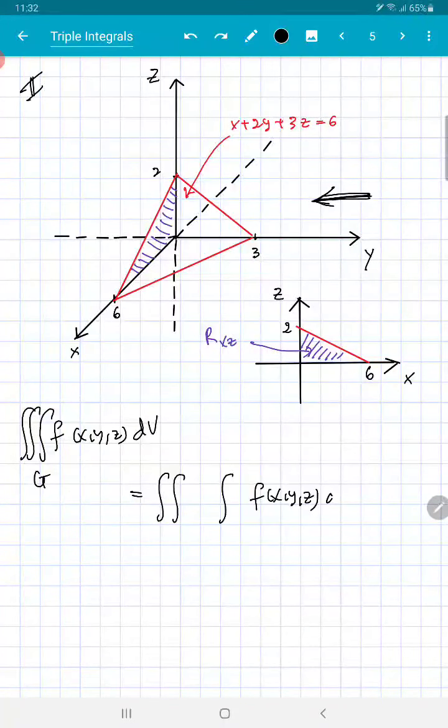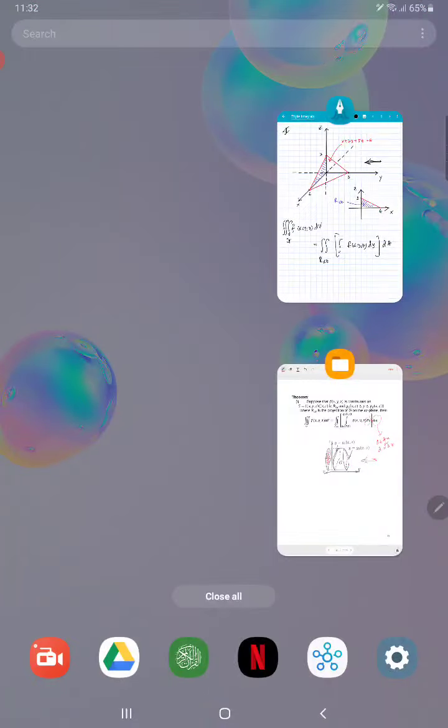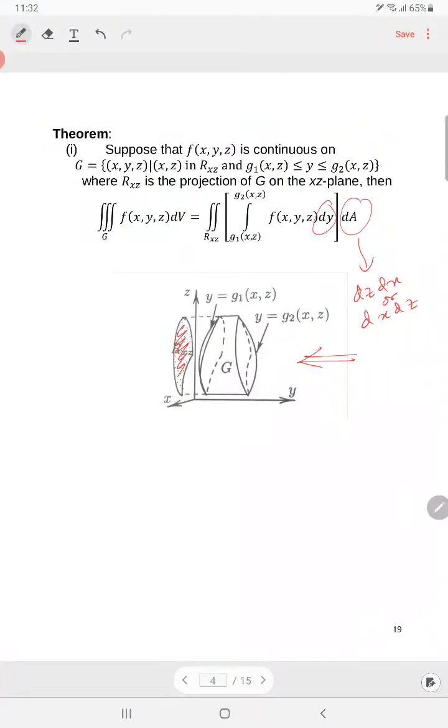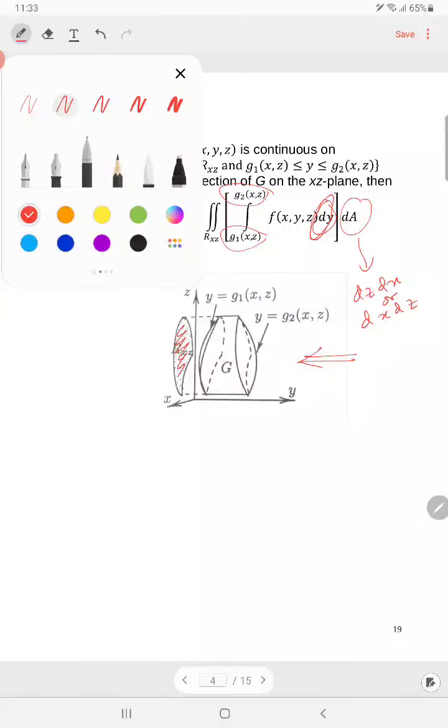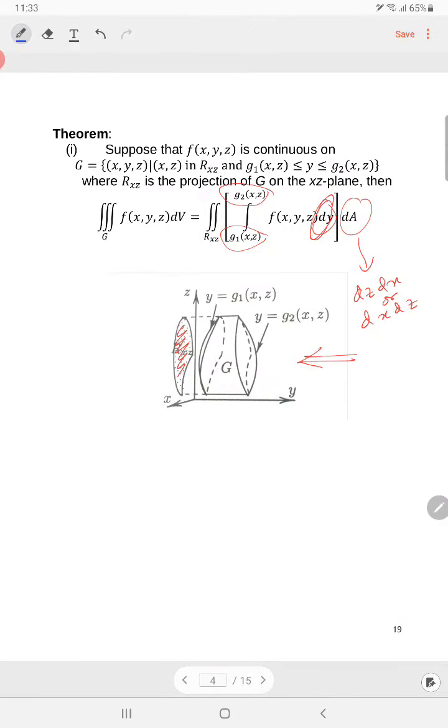So our region R is going to be on the xz plane, and here we have dA. Remember, if we project onto the xz plane, the integration that we should do first is with respect to y. Now to get the upper and lower limits for y, we have to figure out which is the right surface and which is the left surface.